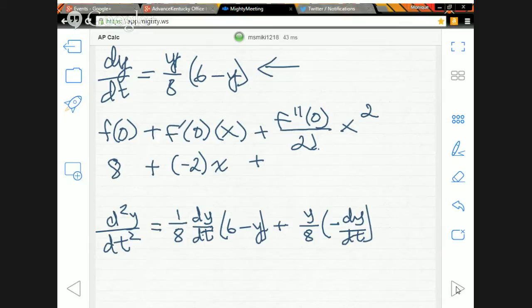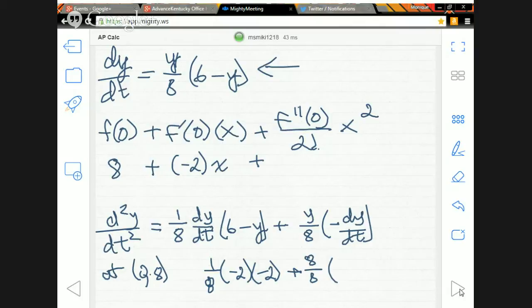Notice I know what dy dt is at the point that I want, so I can just start plugging some stuff in, right? At the point 0, 8, the second derivative is going to be 1/8 of -2 times -2, because that's 6 minus 8, plus 1 times the opposite of -2, which is +2.